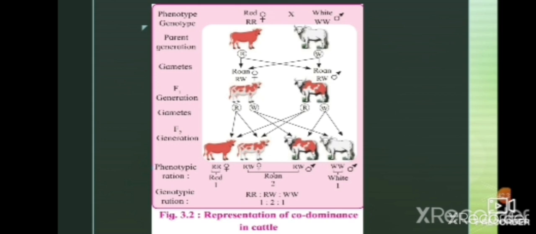There are red cattle and white cattle. Phenotype is the red female crossed with the white male.